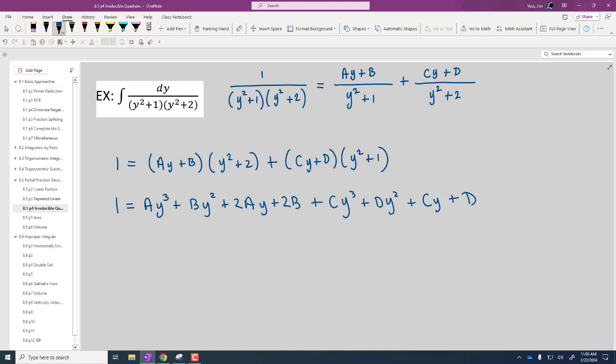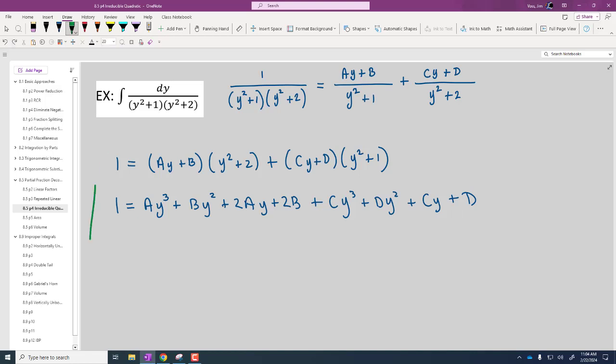Now the traditional method says on the left you have a polynomial, on the right you have a polynomial. The only way those two polynomials can be equal is if the powers match. So let's set up our power equations.